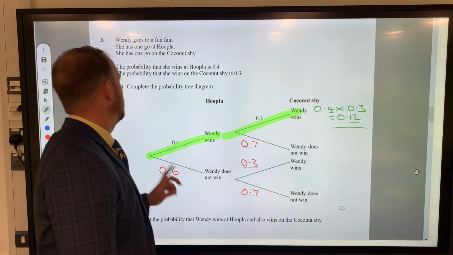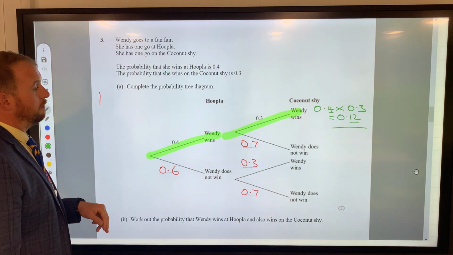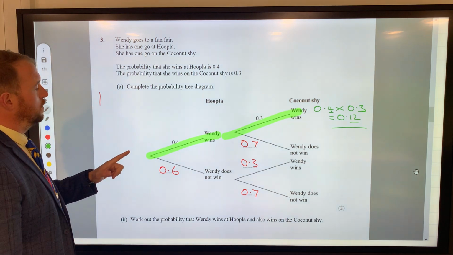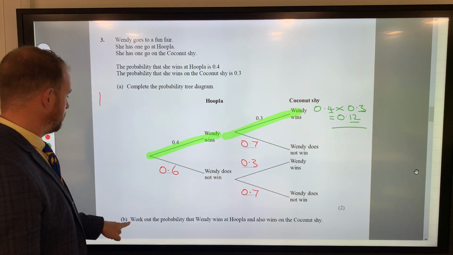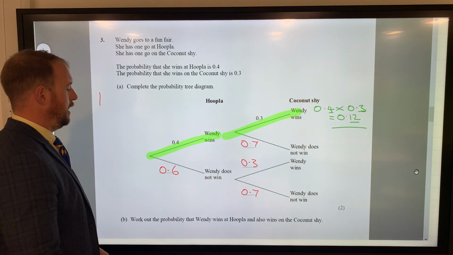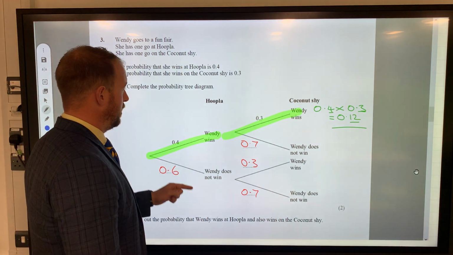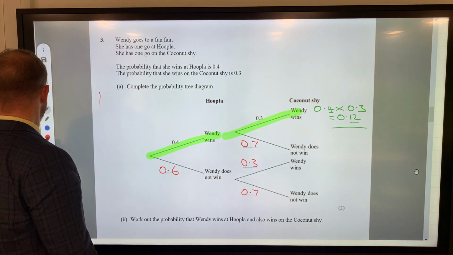Right, those are 2 very simple probability tree diagrams. 4 marks for each. Now let's talk about different variations. It could be, work out the probability that Wendy wins either at the hoopla or the coconut shy.